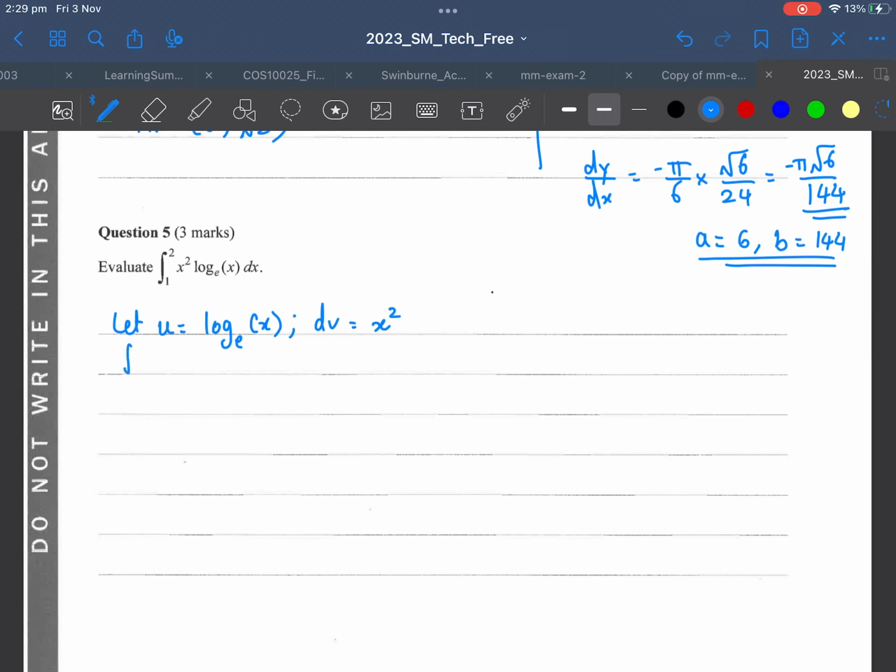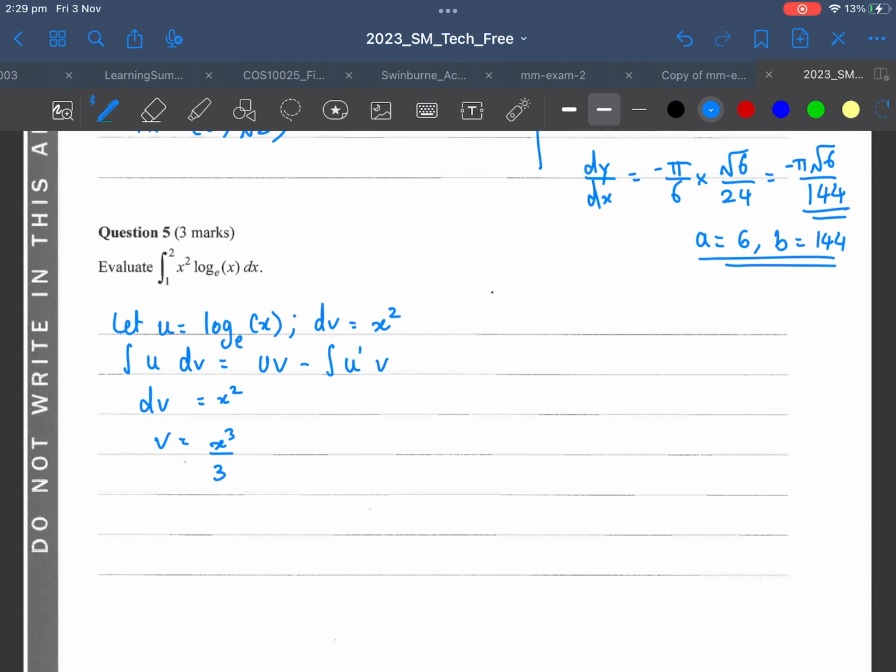So the integral of u dv equals uv minus the integral of du/dx times v. So u times v is, okay, dv is going to be x squared, so v is going to be x cubed on 3.